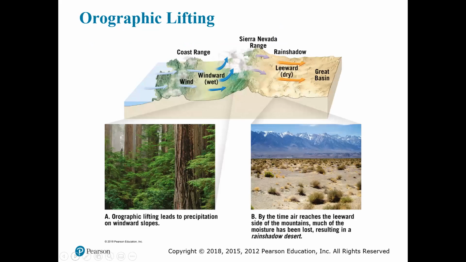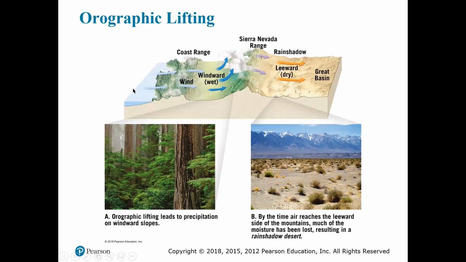So here is the image from your book on page 526 showing orographic lifting. Remember, oro refers to mountains. So with orographic lifting, this is when a mountain range acts like a barrier to the flow of air.